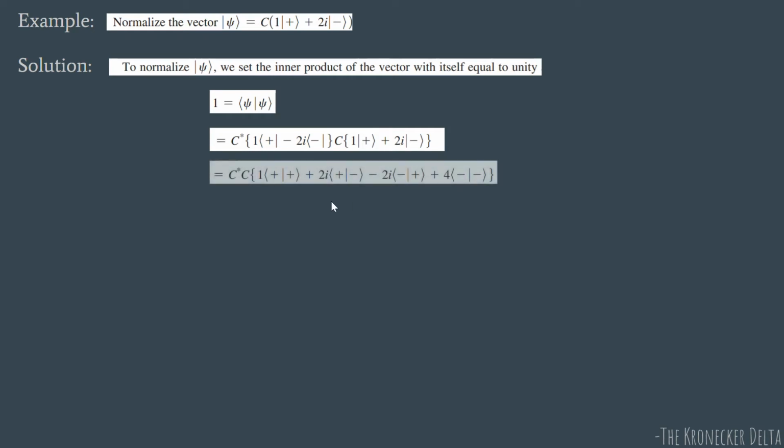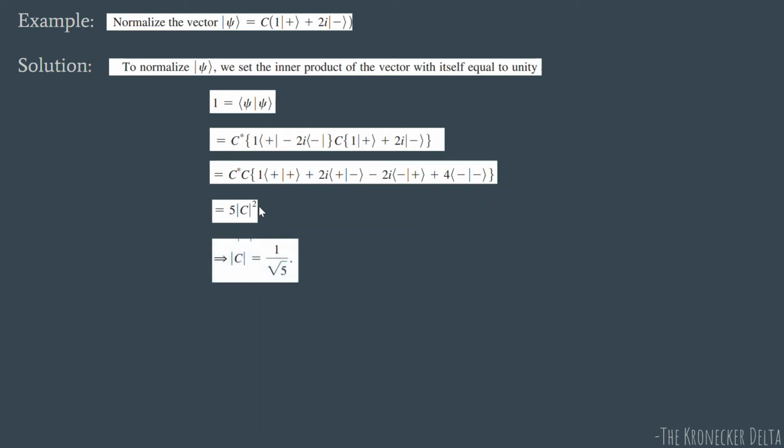Then you do the product. C can move through these kets and bras, since scalars can move. So C star C times 1 plus, and so on. We know that plus with plus gives 1, plus with minus gives 0, minus with plus gives 0, and minus with minus gives 1. So on solving this, we get 5 mod C squared.